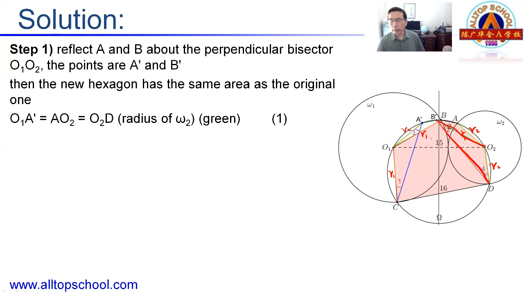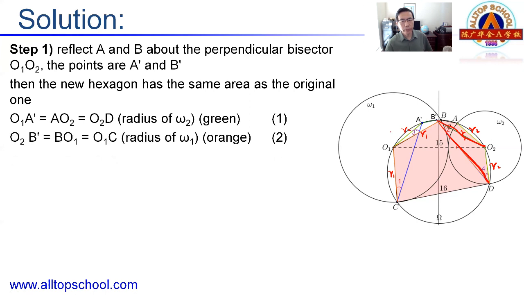Okay, and then we're going to get this congruency: orange, and angle 1 equal to angle 2. What's the reason? Because they are facing the same green color inside the omega. Angle 3 equal to angle 4 because they are facing the same orange color.